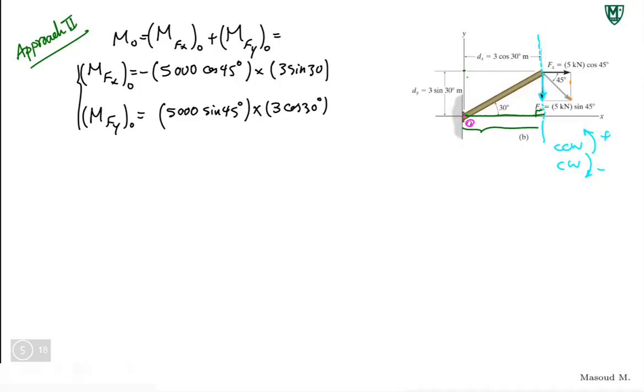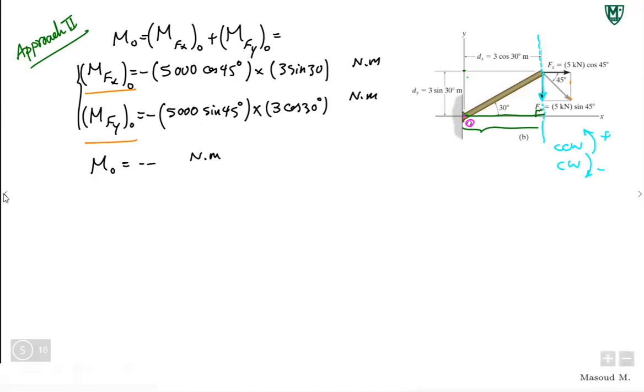So it's clockwise. Since it's clockwise, it's negative. Newton meter. Once you know the moment because of Fx about O and the moment because of Fy about O, you can find MO.